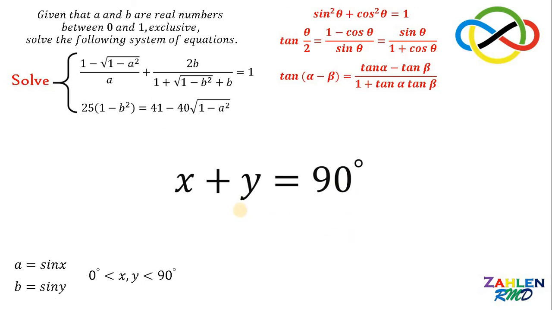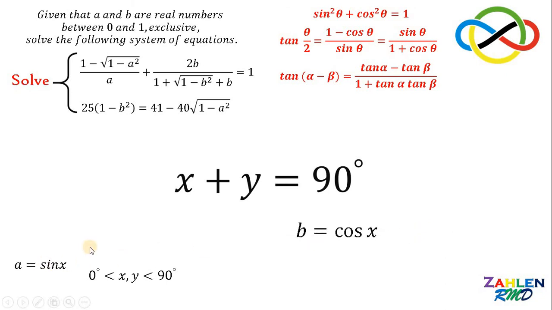Now, this is a good result. Why? Since x and y are complementary, we will use again some identity. Now, we know that b = sin y, and using this equation, we know that y is equivalent to 90° - x. And sin(90° - x) is the same thing as cos x.